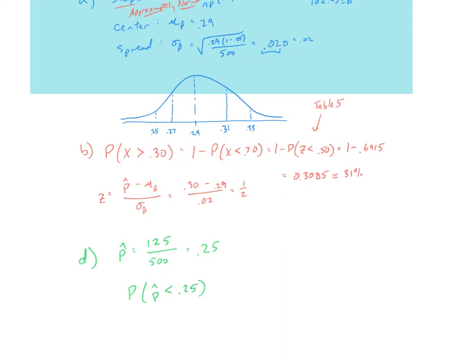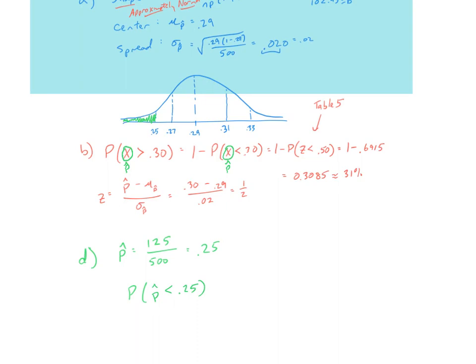And actually, up in the earlier problem where I wrote x, I should have written p-hat in each of those two parentheses. I just didn't catch that until just now. So the probability that p-hat is less than 0.25. Less than, well, that's here on my distribution, right over there. And that's one that I'm just going to look up and get the answer right from the table and not have to do any subtracting or anything like that.